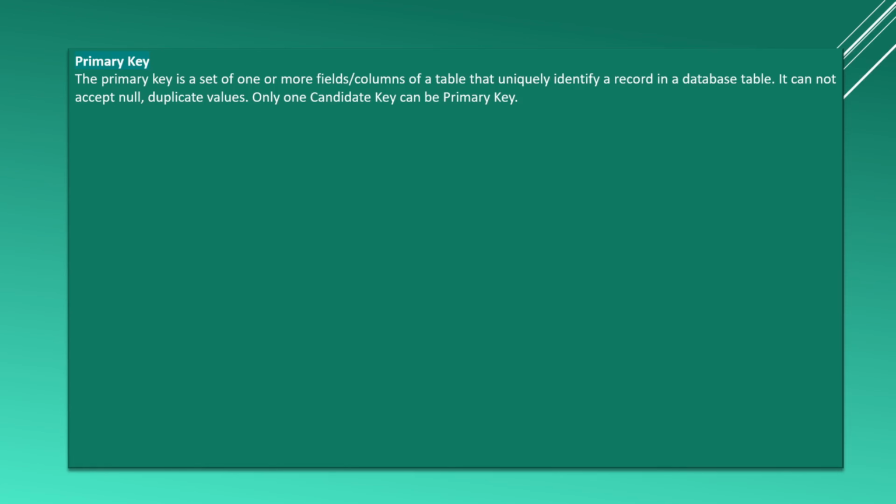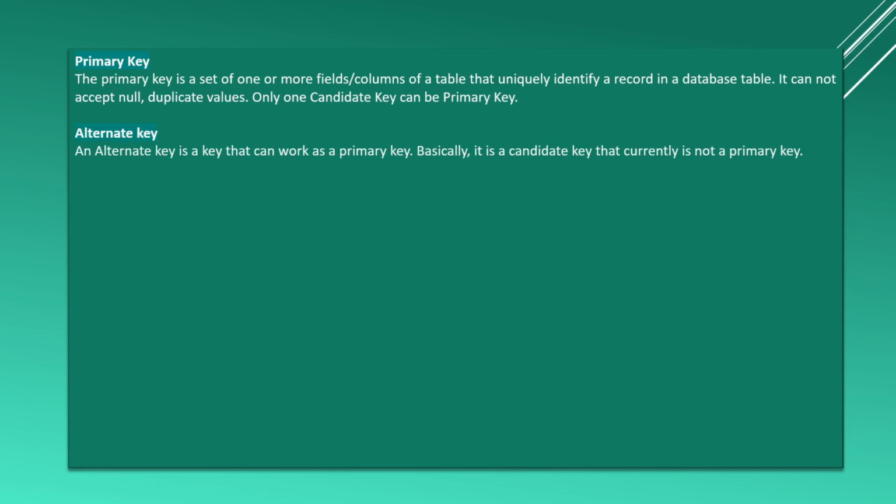Primary key cannot accept the null value or duplicate value. Alternate key. Alternate key is a key that can work as a primary key. Basically, it is a candidate key that currently is not a primary key.